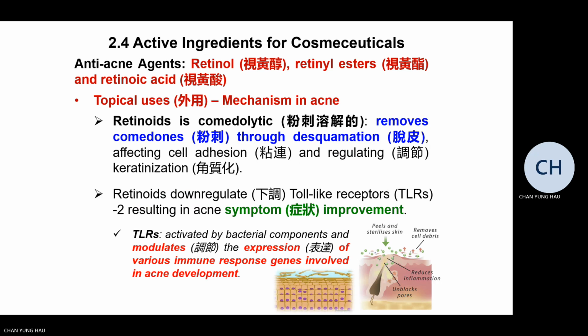For the mechanism in the treatment of acne for topical use of retinoid, retinoid is comedolytic. It can remove comedones through desquamation that affects the cell adhesion and regulates keratinization. Retinoid downregulates TLR2, toll-like receptor 2, resulting in acne symptom improvement.